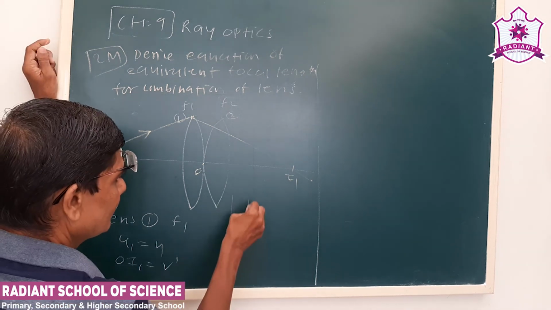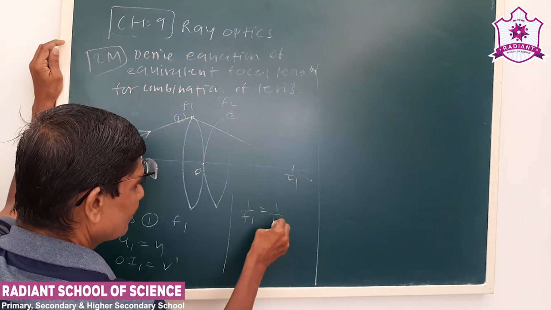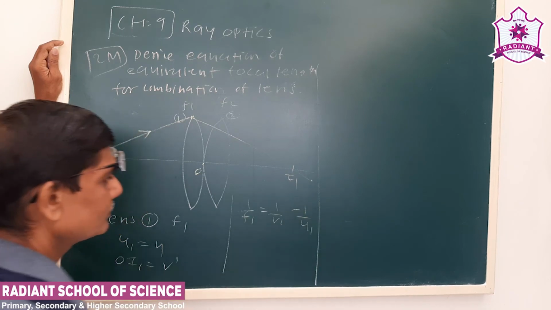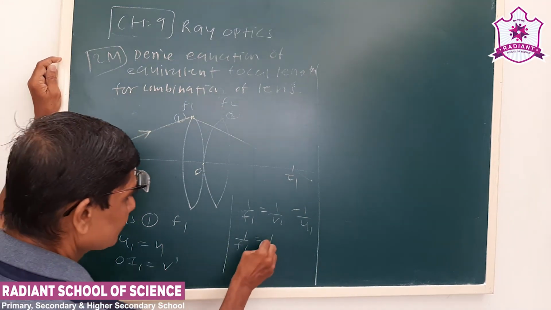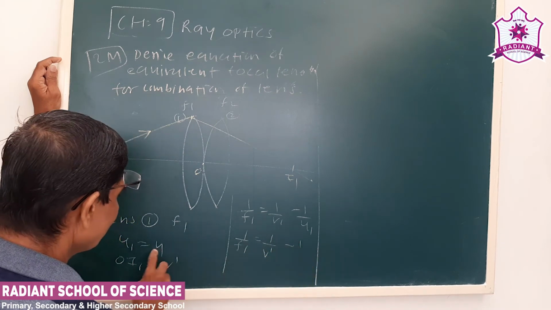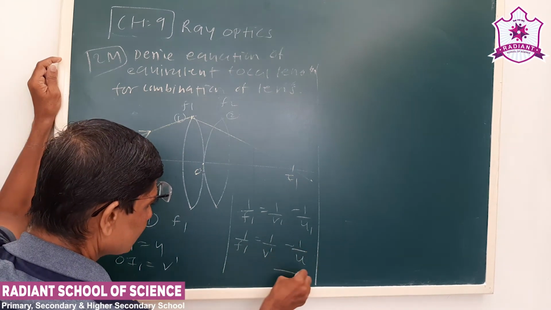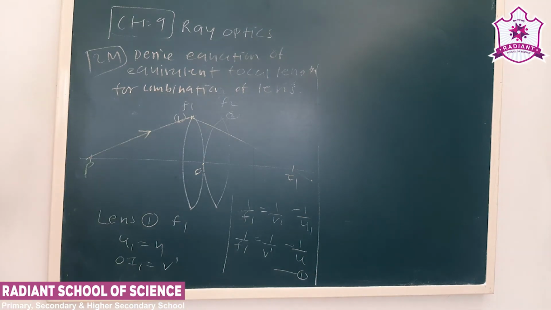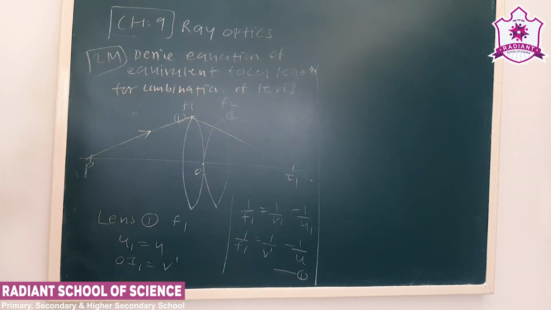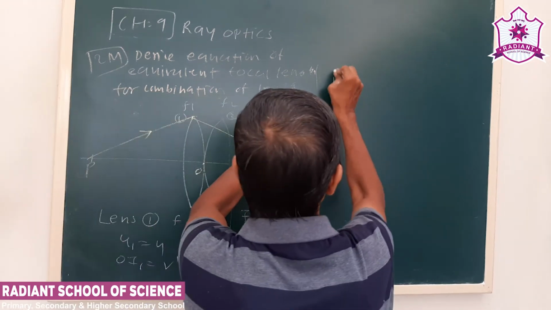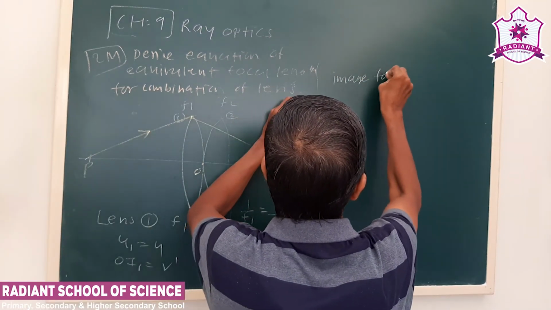Now for lens 1, we can write 1 upon f1 is 1 upon v1 minus 1 upon u1. Here v1 we have taken as v dash, and u1 we have taken as u. Now see, the image formed by lens 1 will act as an object for lens 2.